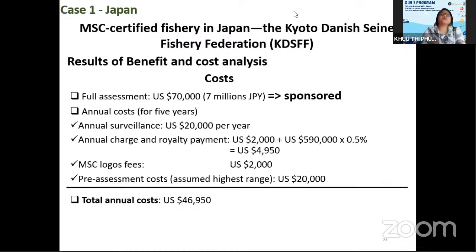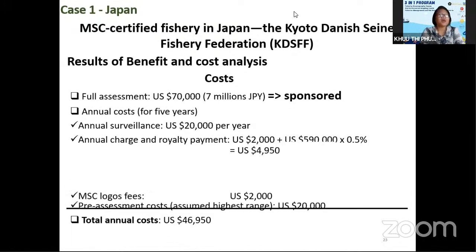And here's the cost. The total cost every year they have to pay is around 46,950 US dollars, only for MSC.